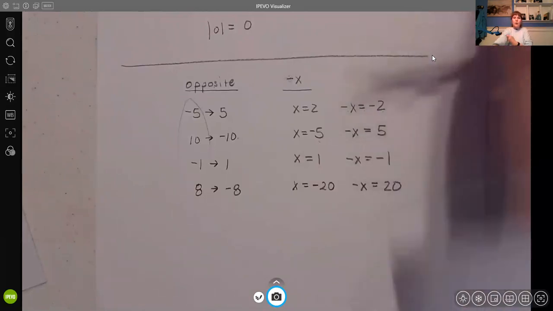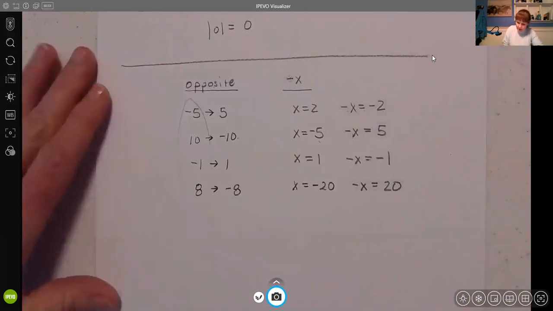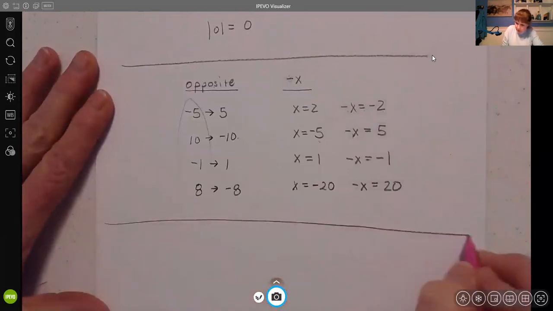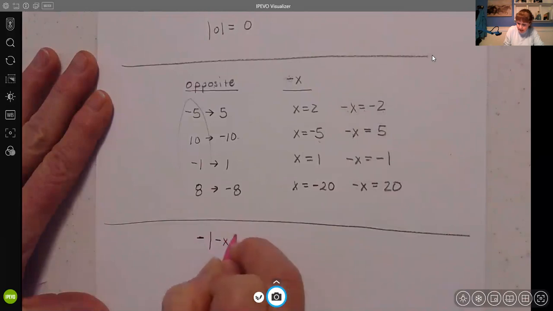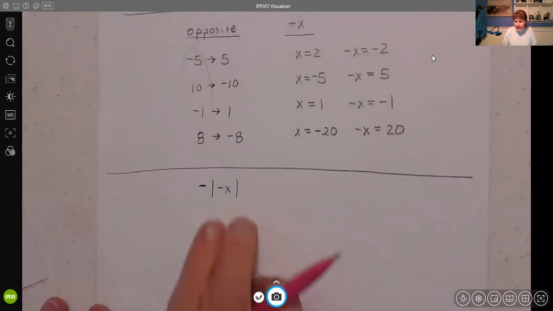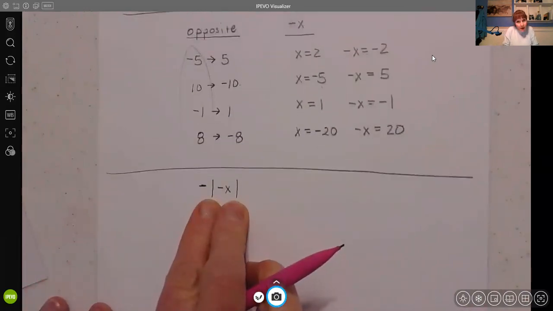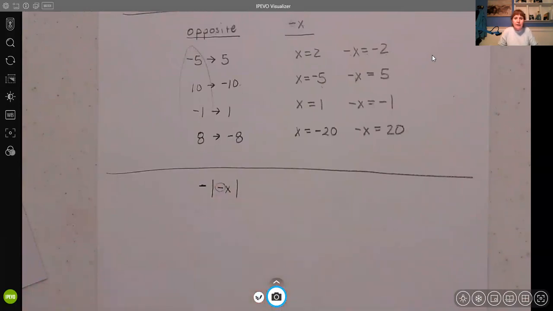Then they're going to put the two together. All right, so here, they're going to say find the opposite of the absolute value, and they may even put negatives in there. Well, knowing that the absolute value is always positive, it doesn't matter how many negatives I have inside.